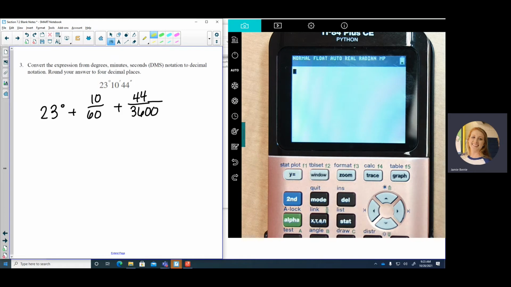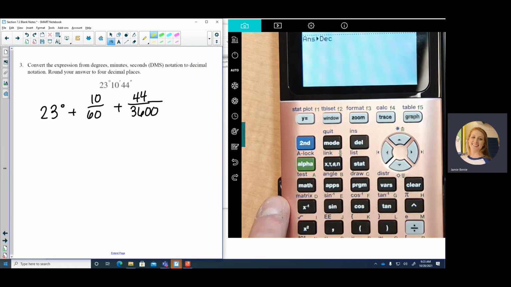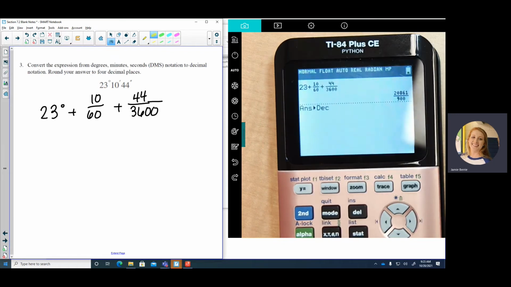We're just simplifying fractions and converting them to decimals so that you don't have to be in degree mode for this to work. 23 plus, and we'll do a little fraction, 10/60 plus little fraction, 44 over 3600, and convert that to a decimal. So I just hit the math button right here, and then the second option was convert to a decimal.